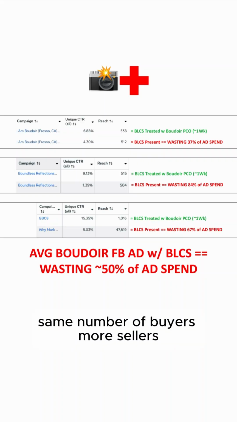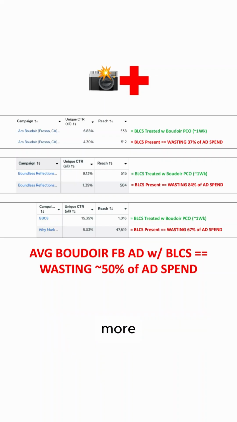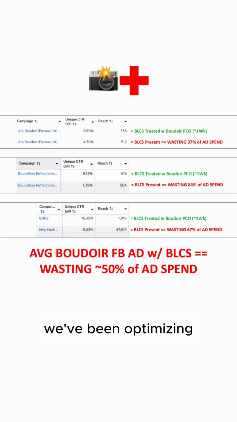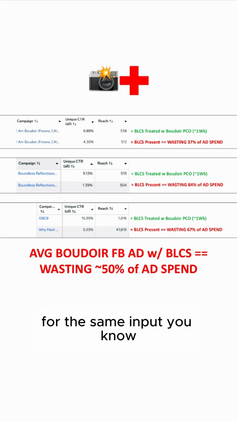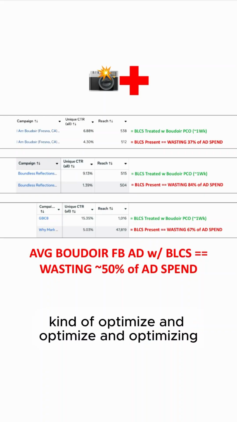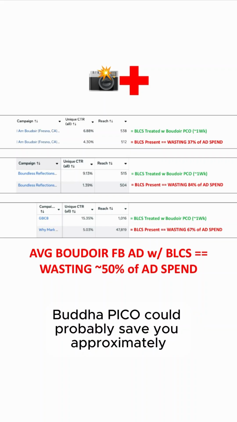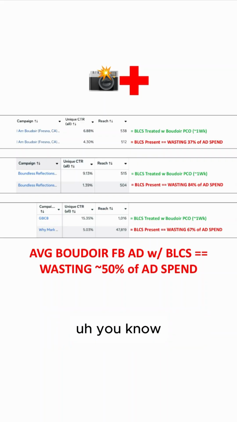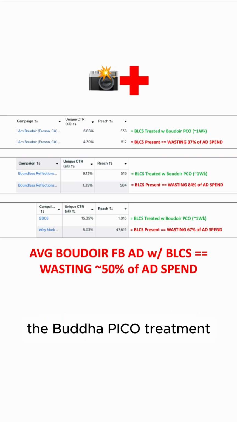Same number of buyers, more sellers, and we're also seeing more inflation, more increasing cost to live, and we've been optimizing other parts of our business to extract more profit out for the same input. And you see that with Boudoir Pico, which could probably save you approximately 5K a month on average, 60K over the next 12 months with the Boudoir Pico treatment.